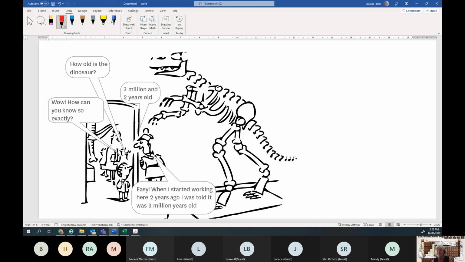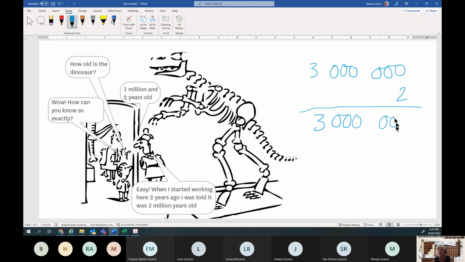And then the security guard says, oh, when I started working here 2 years ago, I was told it was 3 million years old. Now, can you go from 3 million and 2 and then come up with an answer of 3 million and 2?